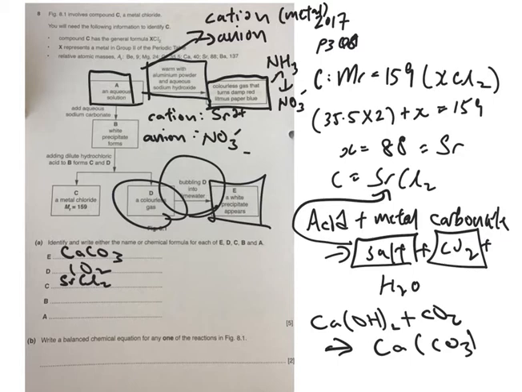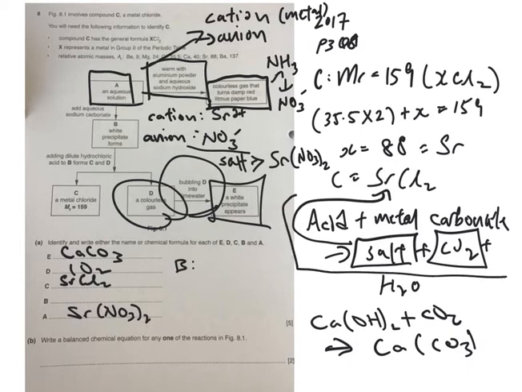Hence the salt that is from the combination of a strontium cation and a nitrate anion will be your strontium nitrate. Alright, and there goes your answer over here, which is strontium nitrate. Lastly, to solve for your unknown B, again, recall this equation from right here.